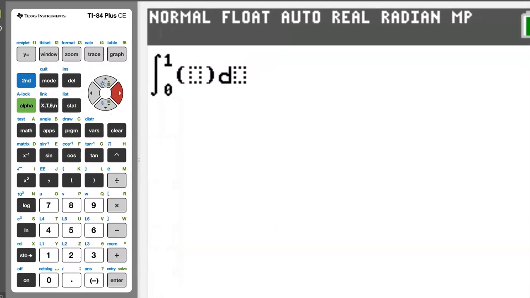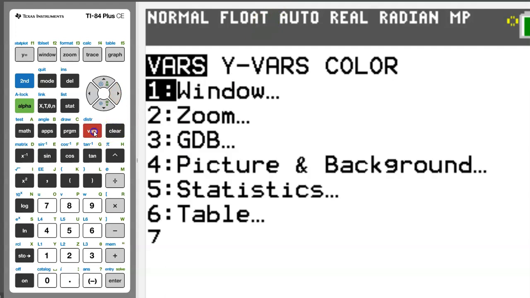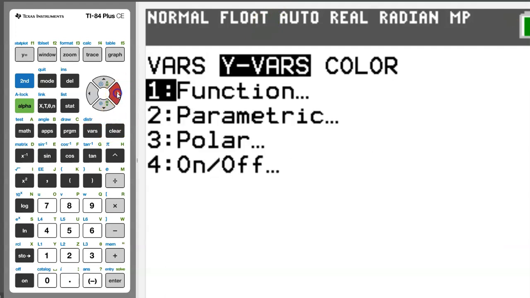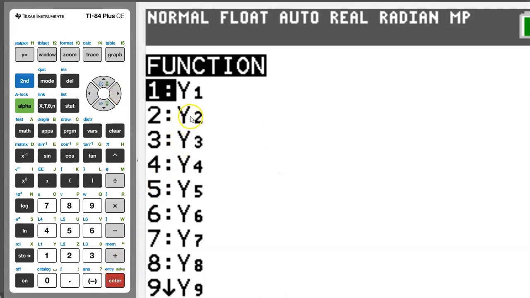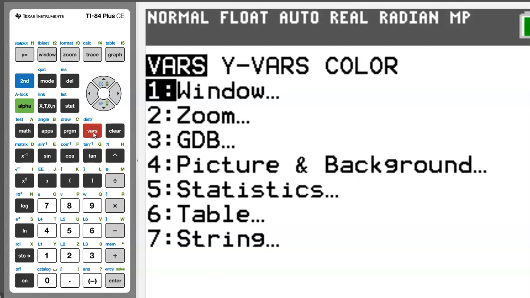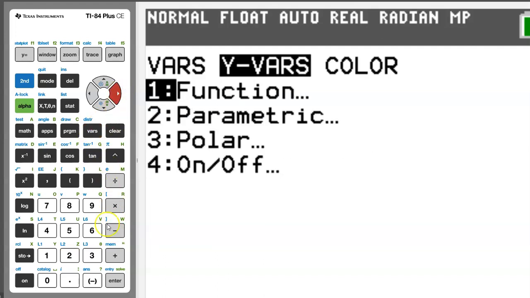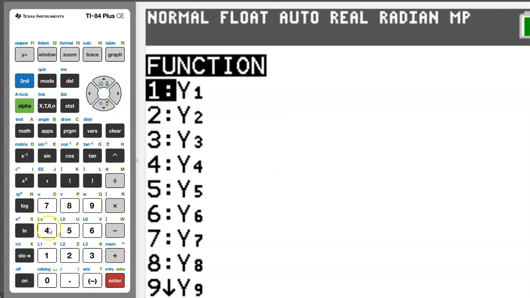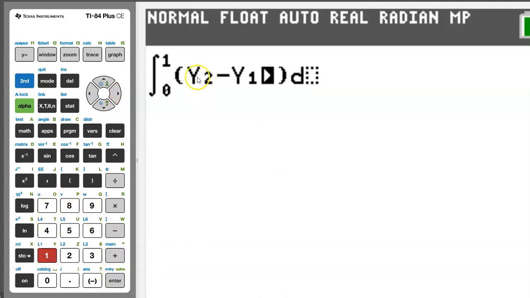To access y2, we will hit the vars button, switch over to the yvars menu, hit enter for function, and choose y2. And then we can do minus and repeat for y1. Hit vars, yvars, enter, y1. So this is y2 minus y1, and all we need is the dx.